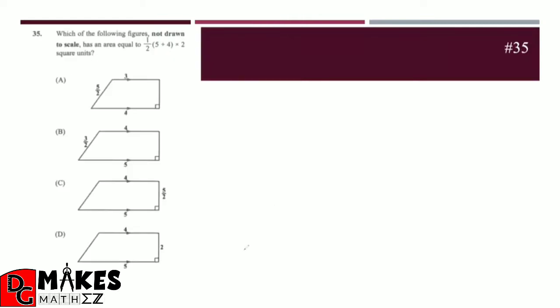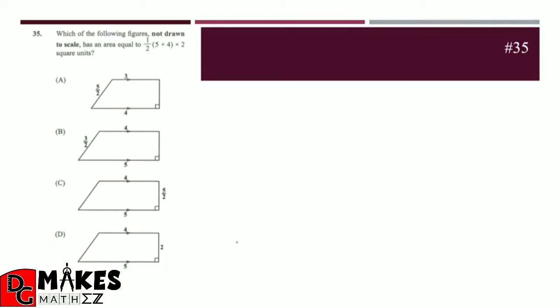Number 35, it says, which of the following figures, of course not drawn to scale, has an area that's equal to half of the sum of 5 plus 4 times 2. Now, all of these figures are what we call trapeziums or trapezoids.